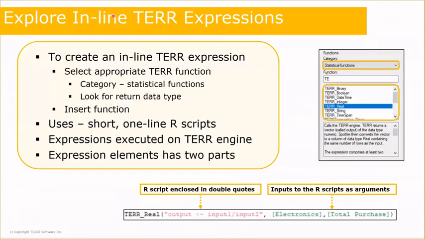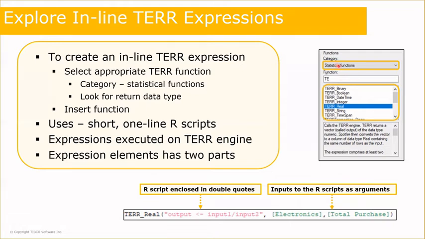Okay. Now, the different kinds of expressions that you can create and use in Spotfire using R language are inline TERR expressions, expression functions, and then data functions. Inline TERR expressions are basically the inbuilt TERR expressions that are provided by Spotfire.